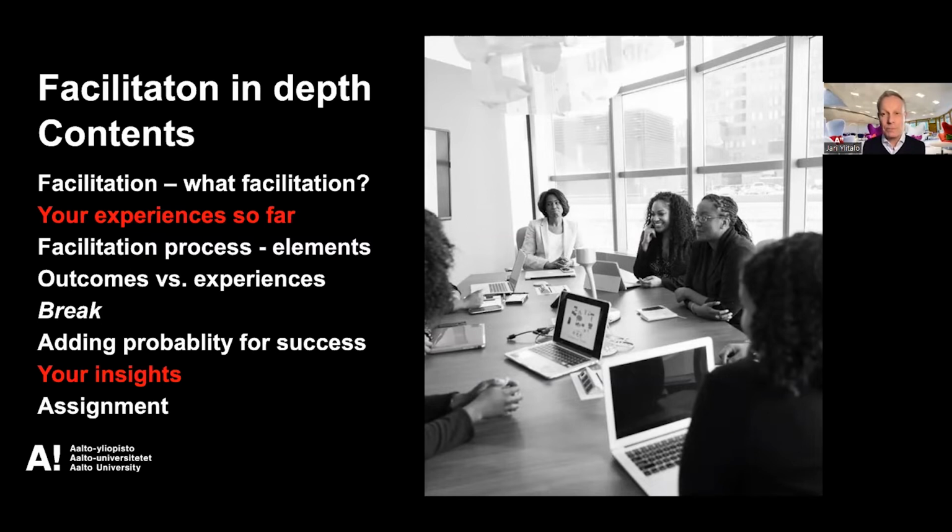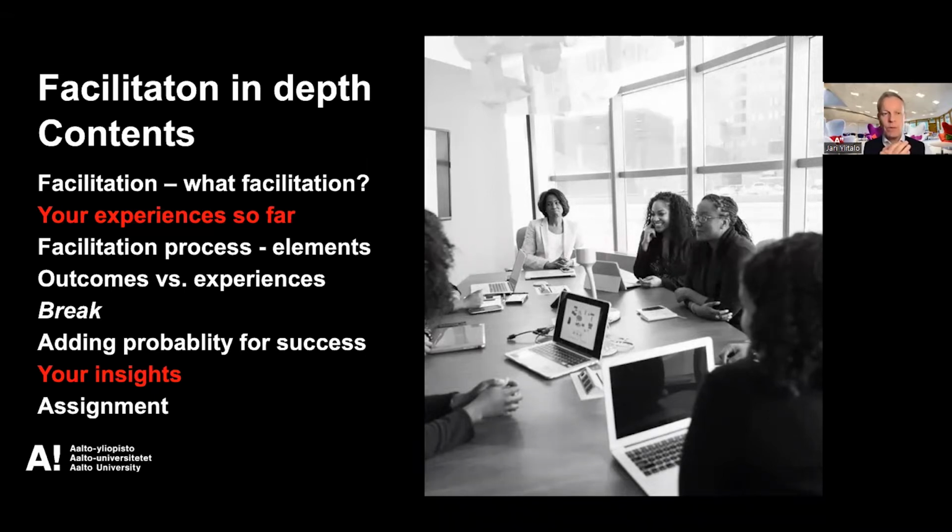Based on your experiences, what do you think now? What are criteria for success or elements or preconditions for successful facilitation? And then building on that, we talk about the facilitation process, its elements, and connect it to what was discussed last time about reification and participation and the meaning making between them.